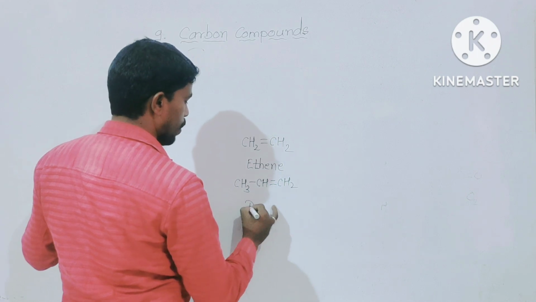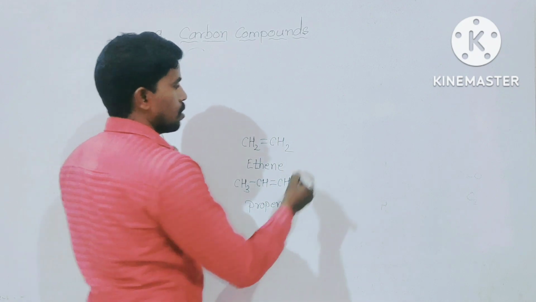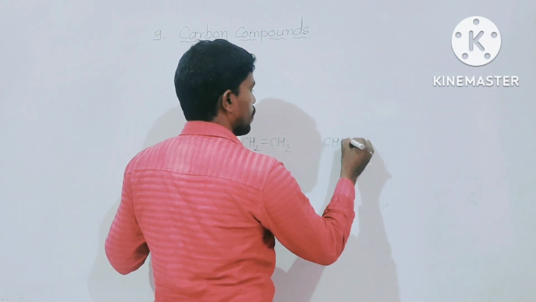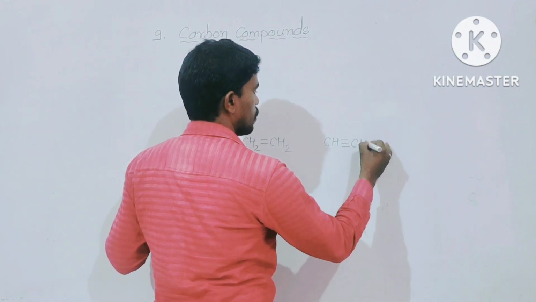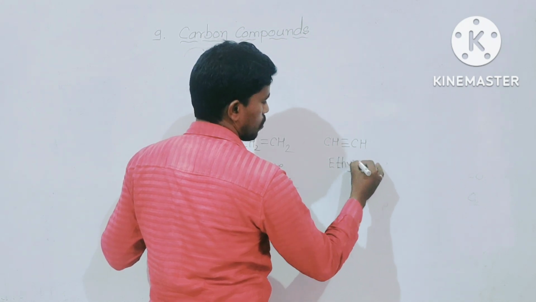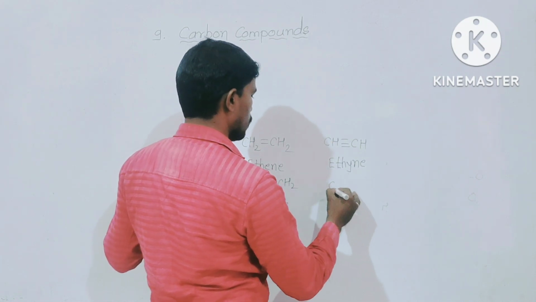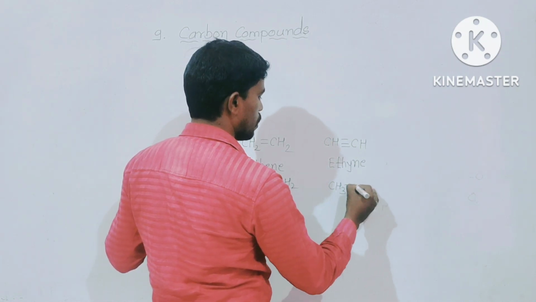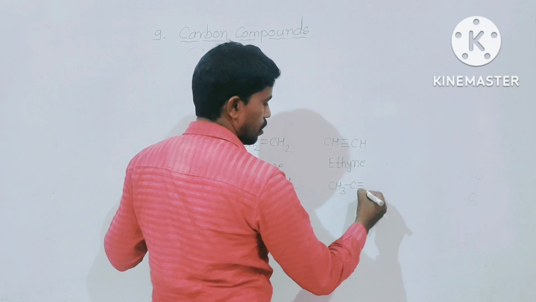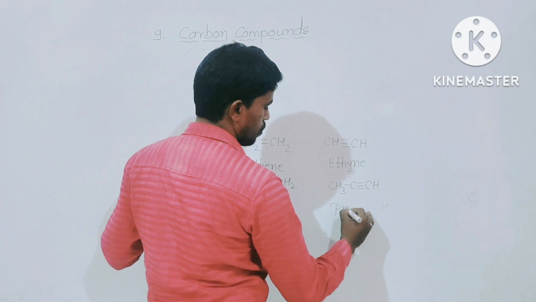This is the propene. CH triple bond CH, this is the ethyne, and the common name of this is acetylene. Here this is the propyne, C triple bond CH. This is the propyne.